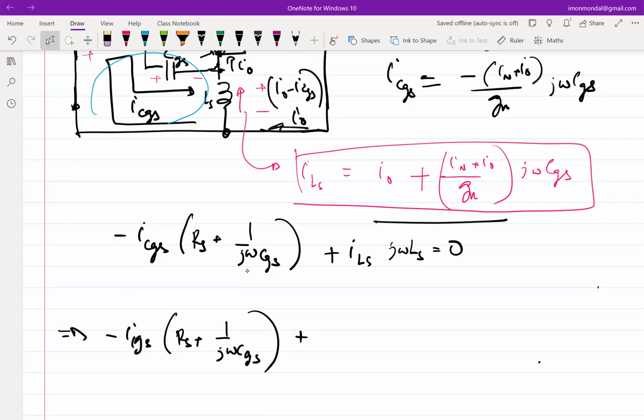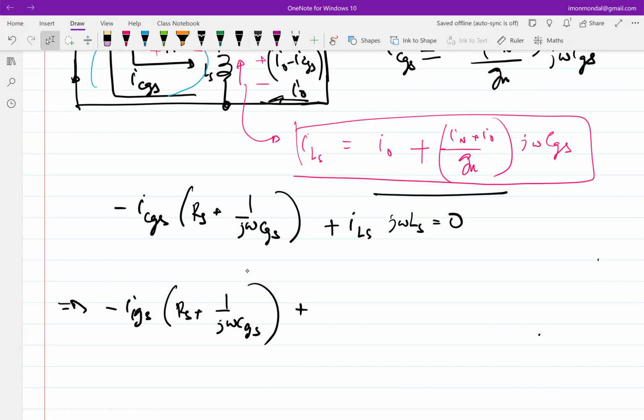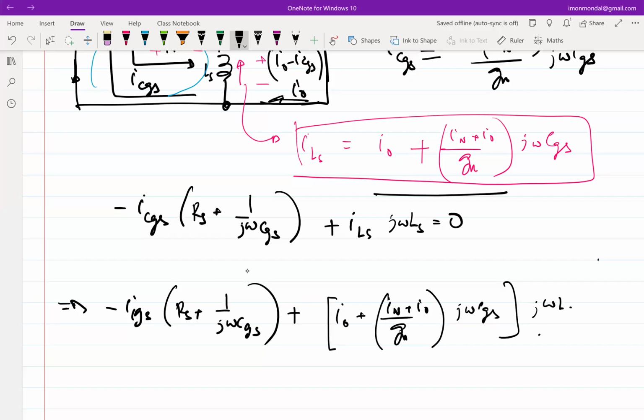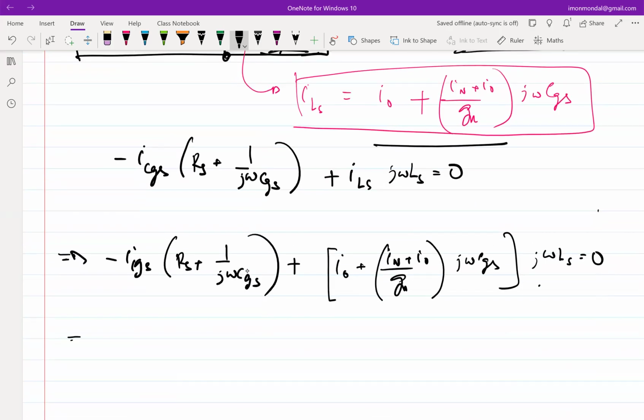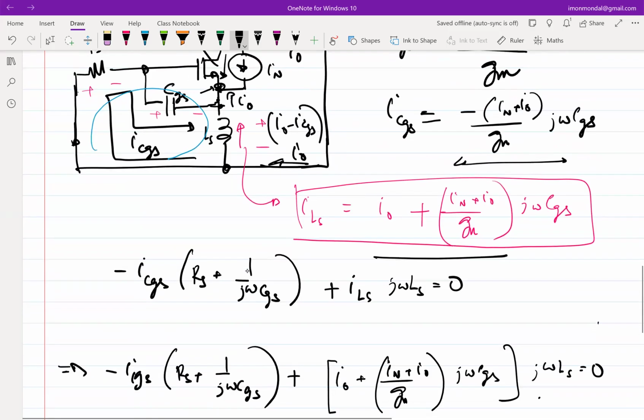Okay, I think let's go ahead with it. Maybe there's nothing wrong. Let's trust the algebra. Plus ILS times ILS is I naught plus IN plus I naught by GM times J omega CGS times J omega LS is equal to 0. So I'll just plug in the value of ICGS, which is negative of IN plus I0.